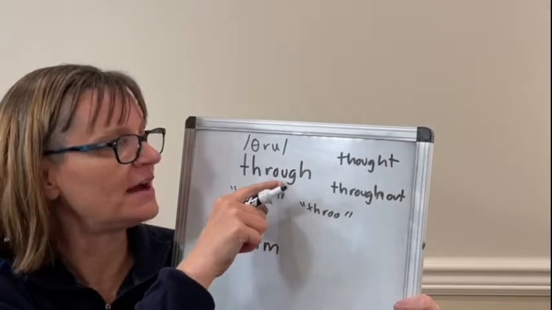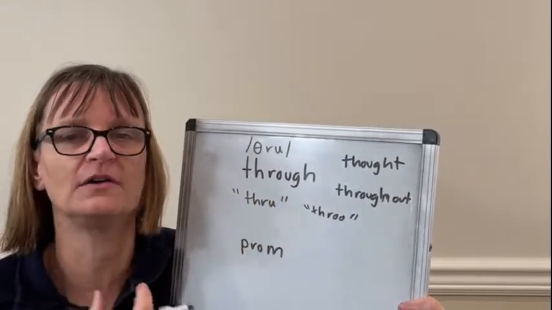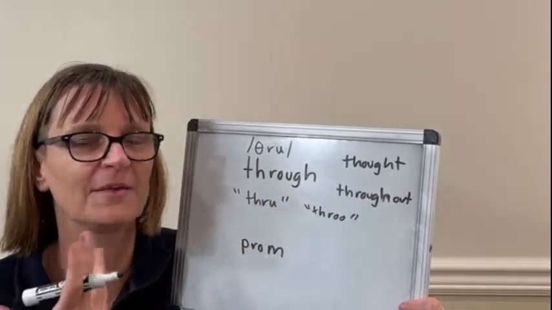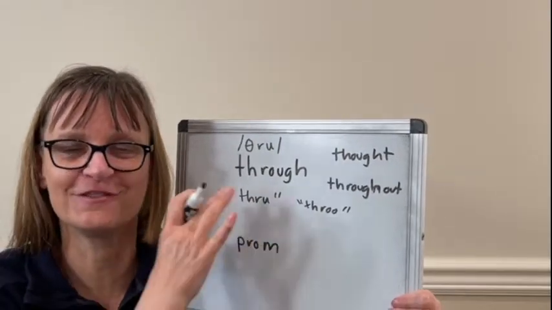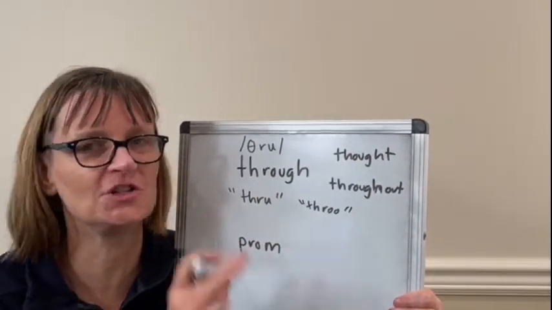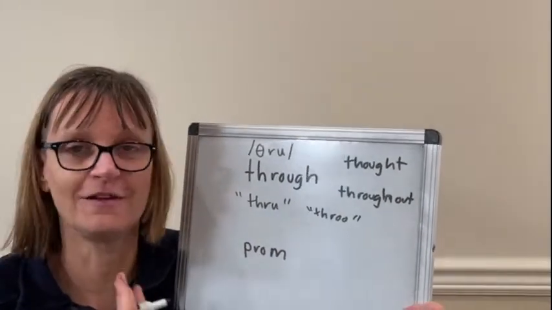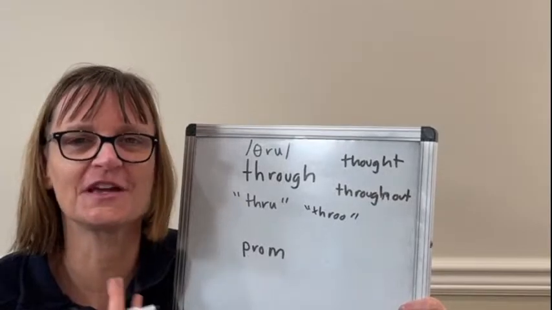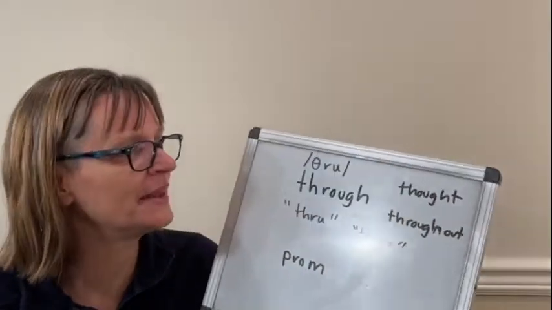The OUGH can be uh, or it can be a number of different sounds, which I actually covered in a recent video where I talked about OUGH and all of the different sounds those letters can make. So you might check that out if this is a particular area of challenge for you.